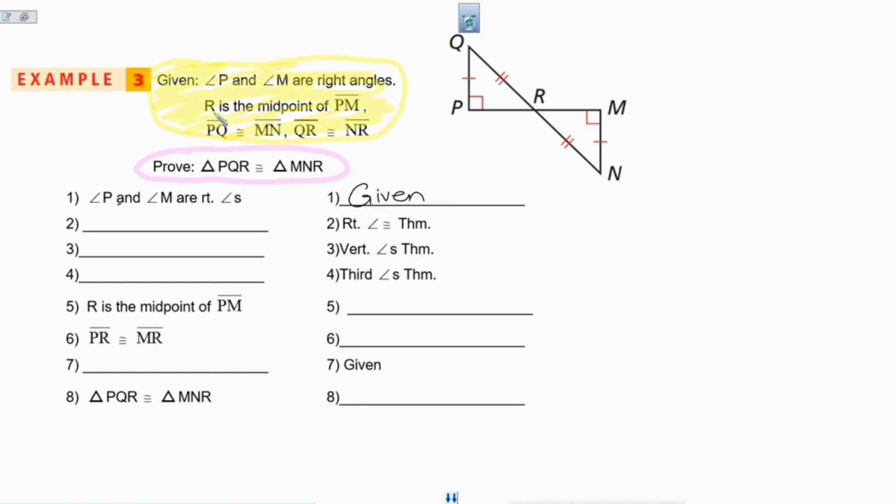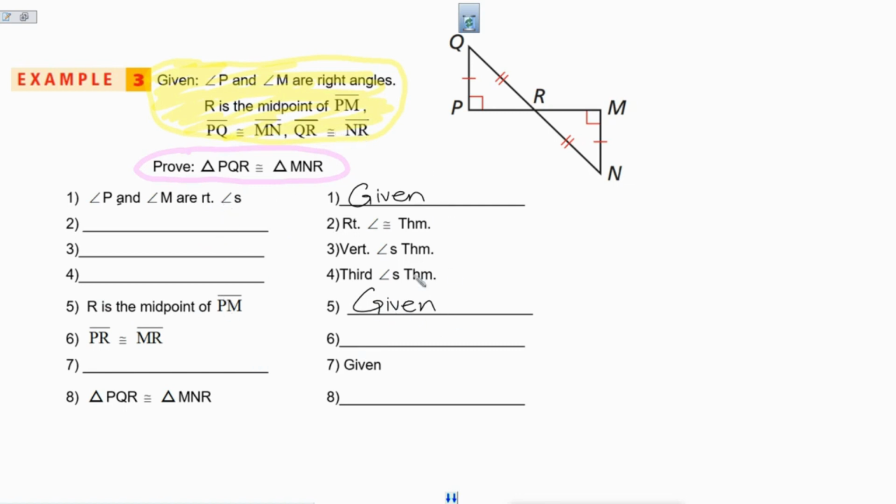Then we need to find R is the midpoint of segment PM. On number 5. Write given next to it. Then we need to find segment PQ is congruent to segment MN. We don't have that. We need segment QR is congruent to NR.